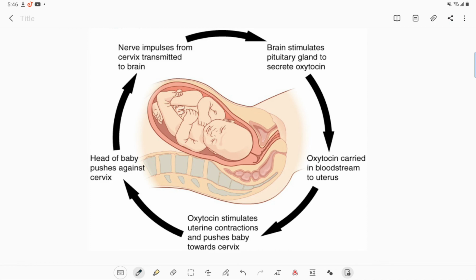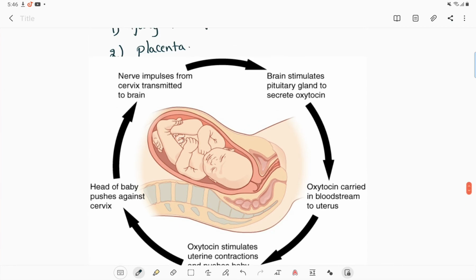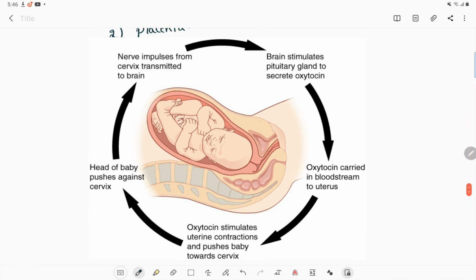The fully developed fetus and placenta send neural signals to the brain. The brain stimulates the pituitary gland to secrete oxytocin, and this oxytocin is carried in the bloodstream to the uterus. Once the oxytocin reaches the uterus, it causes contraction of the uterine muscles. Due to contraction of uterine muscles, the baby is sent outside. That is called parturition.